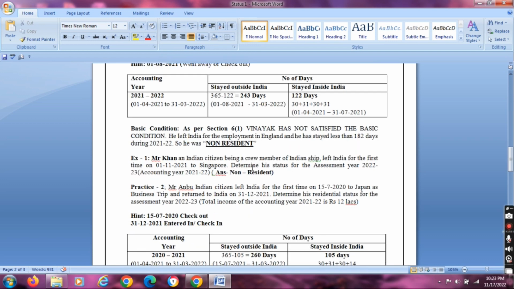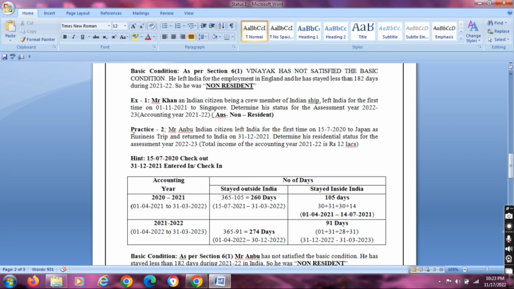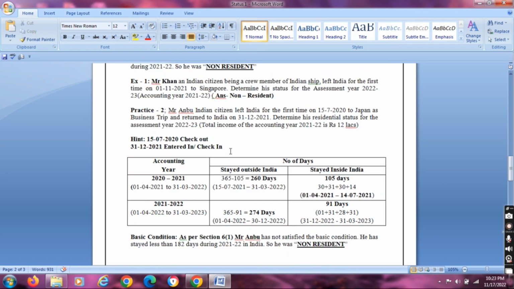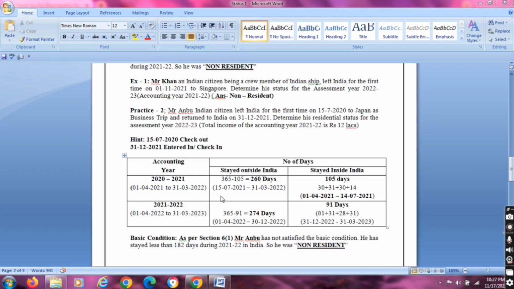In the same pattern we have drafted example 1, which you can practice. Now we go for practice 2. Mr. Anbu, an Indian citizen, left India for the first time on 15/7/2020 to Japan on a business trip and returned to India on 31/12/2021.